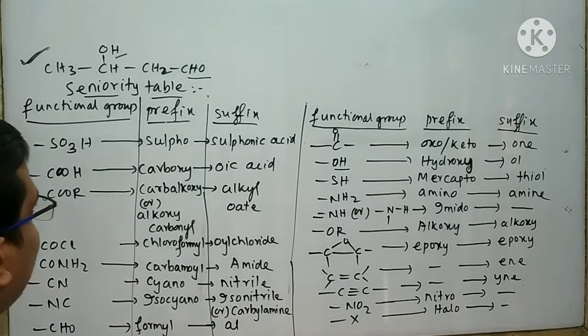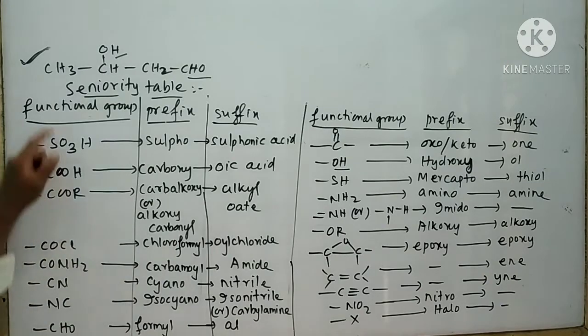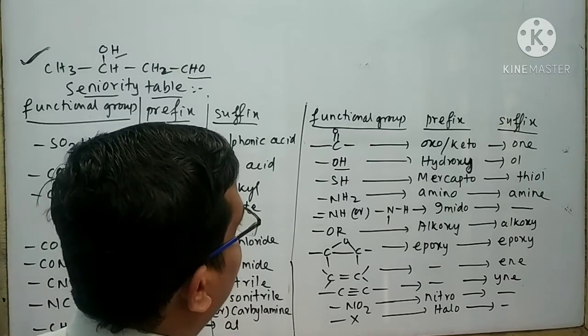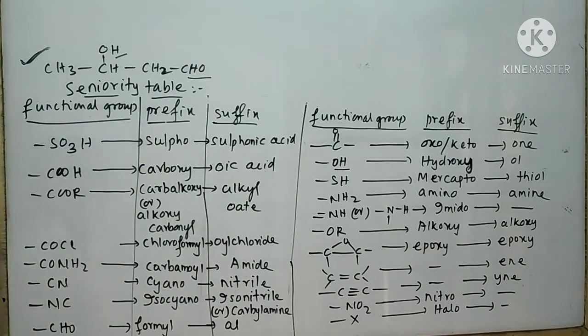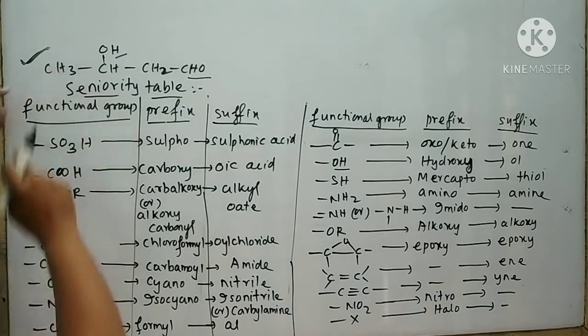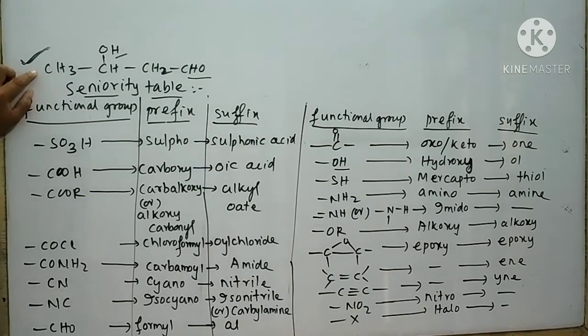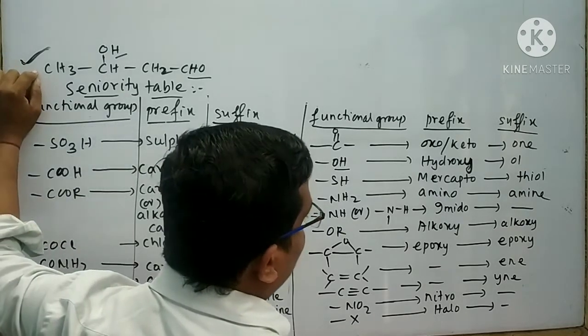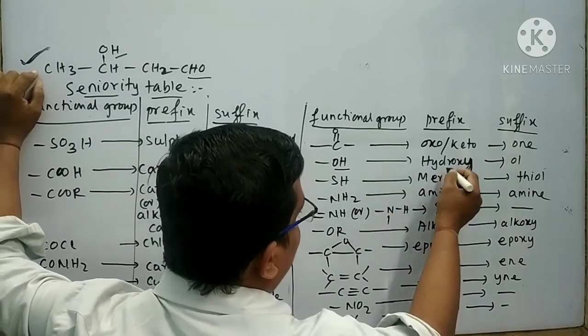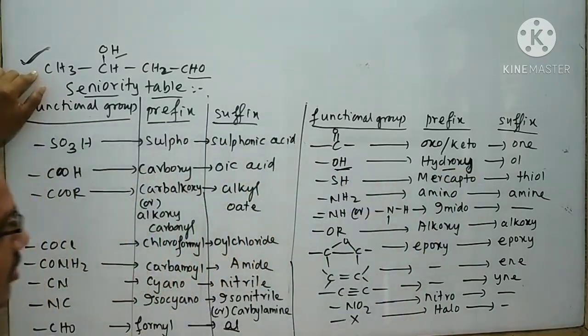Always remember an important point: for the naming of such organic compounds, we generally use the suffix of the principal functional group and the prefix of the secondary functional group. Here we use the suffix of CHO because CHO is the principal functional group, and the prefix of -OH because -OH is the secondary functional group.